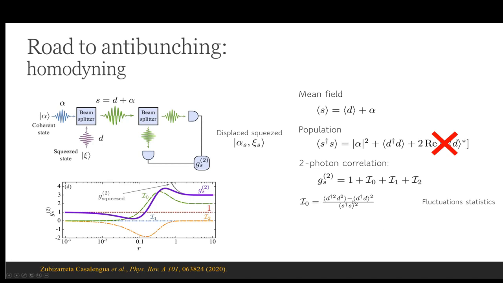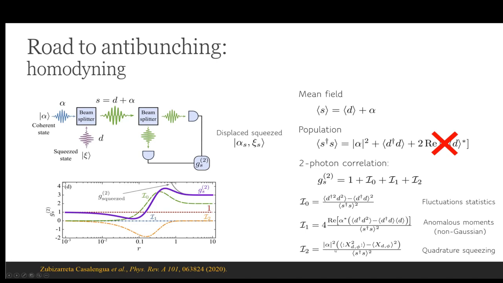This tells us if the state is bunched or anti-bunched prior to the mixing. Then we have I1, which is related to the anomalous moment. If we have a non-Gaussian state in one of the input ports, we will find that this I1 is not zero. But in our case, both the squeezed and the coherent state are Gaussian, so this is zero for our case.